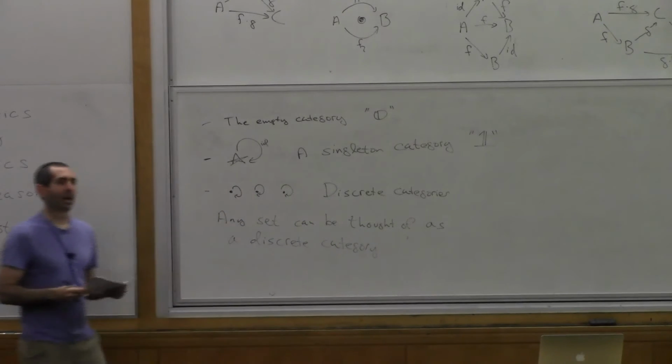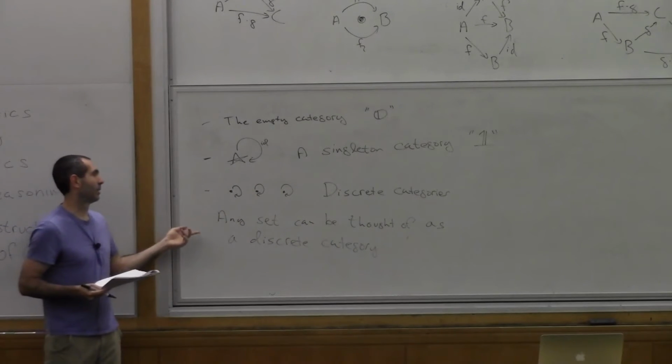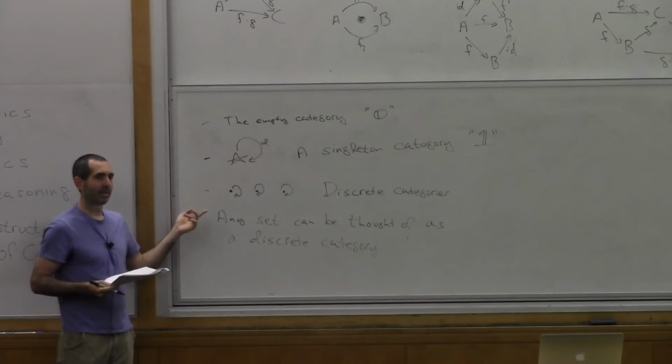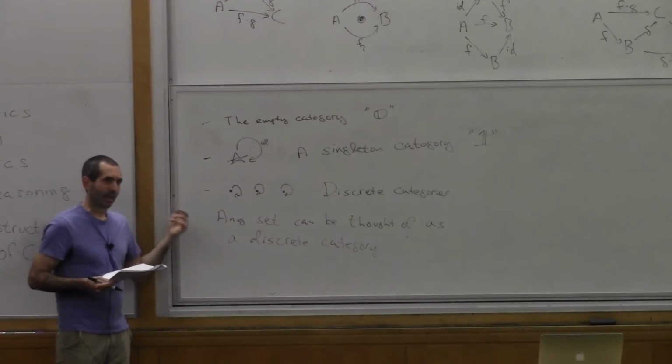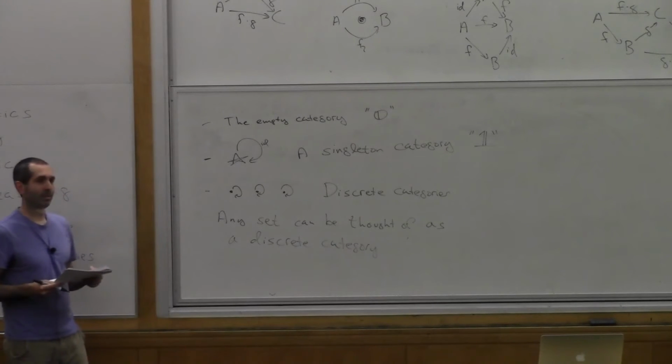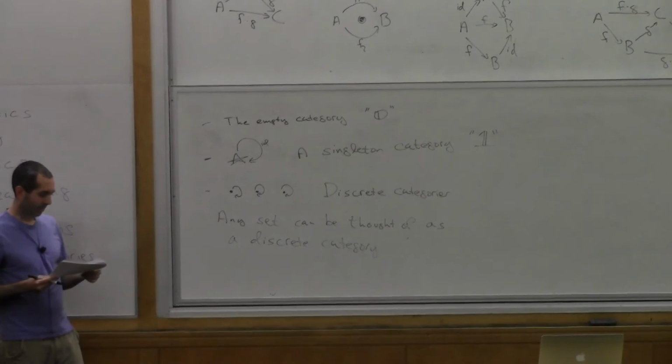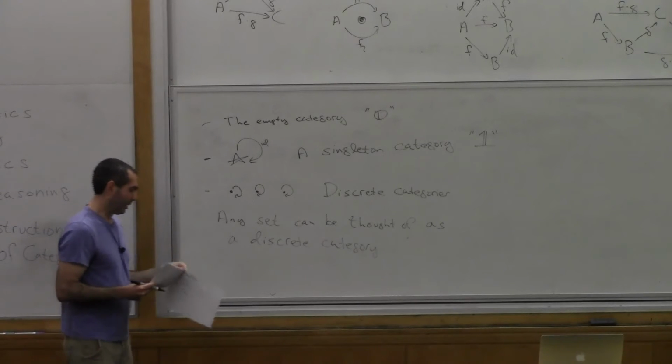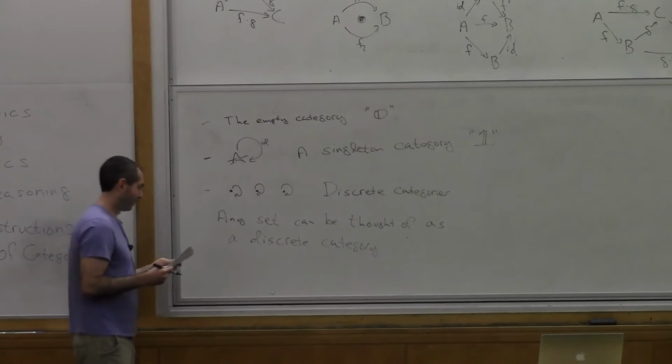So the objects of the category just become the elements of the set. And the arrows of the category are the required identities, but then there's nothing else. Okay? And so composition is trivial.